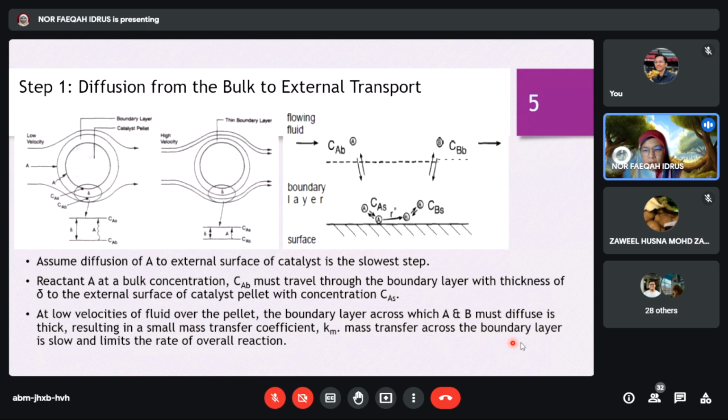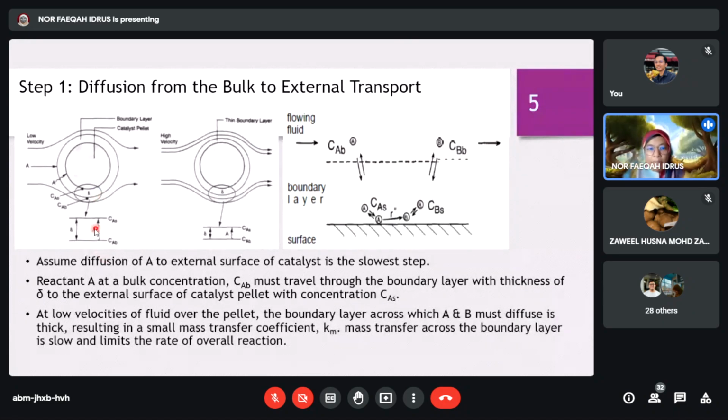Mass transfer across the boundary layer is slow, and therefore it will limit the rate of the overall reaction. So when this happens, meaning that the reaction to produce product is faster than mass transfer.